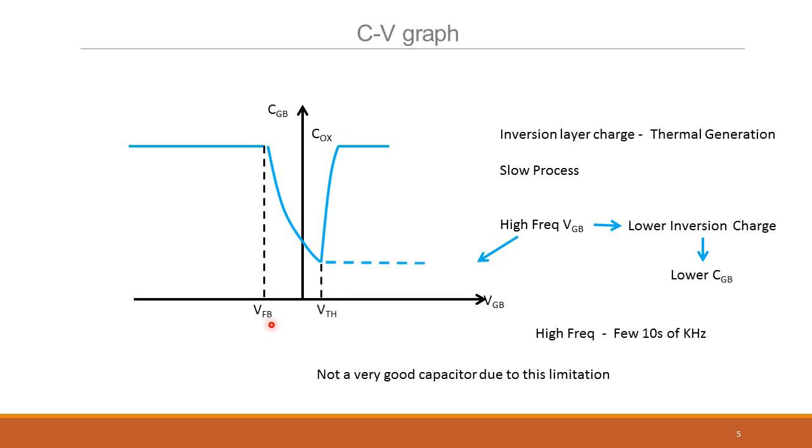This flat band voltage depends on the type of semiconductor we use and the type of gate material we use. But for all practical purposes, you can assume this is the curve. If you understand where it comes from, it's good. This flat band voltage is the inbuilt potential difference between the gate material and the semiconductor material.